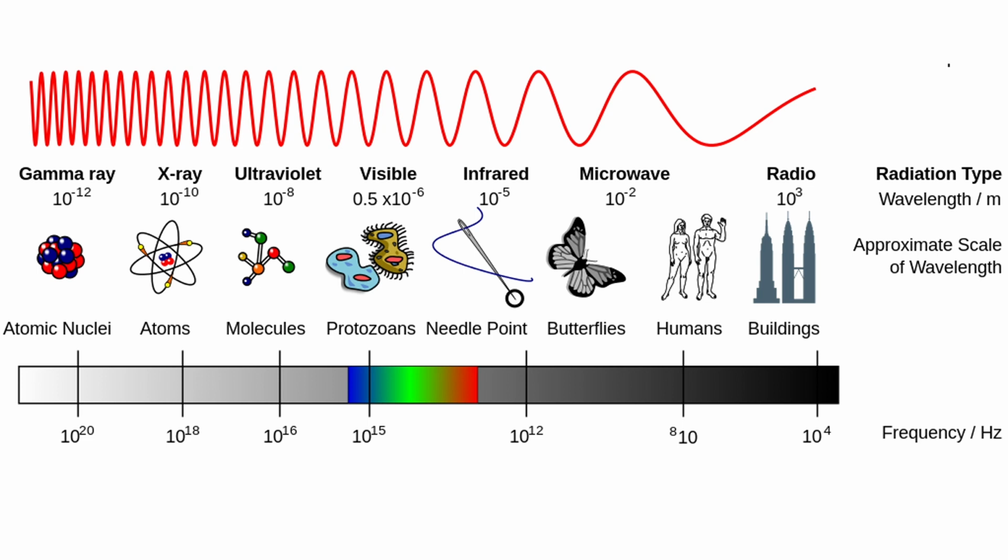Okay. Visible light is about, it says 0.5 times 10 to the negative 6, so 0.0000005 meters, pretty small. And that's the limit of being able to see things with a microscope, is through visible light.